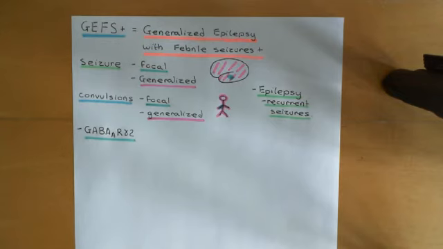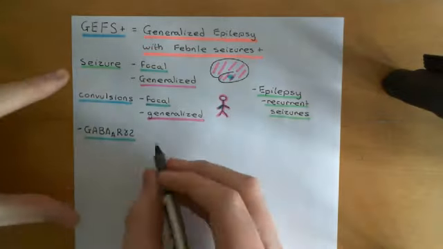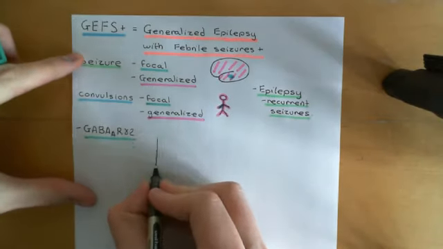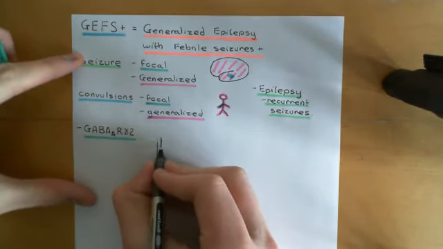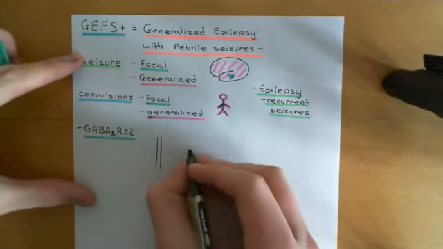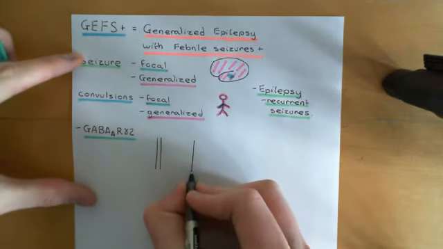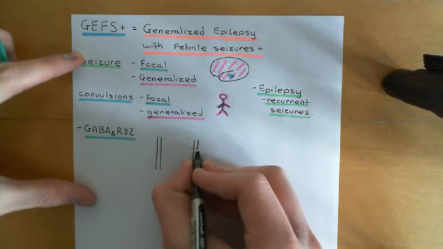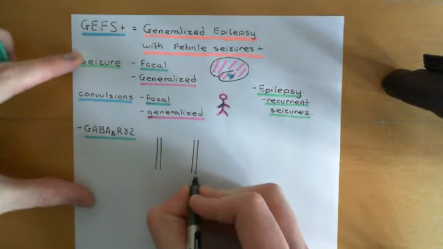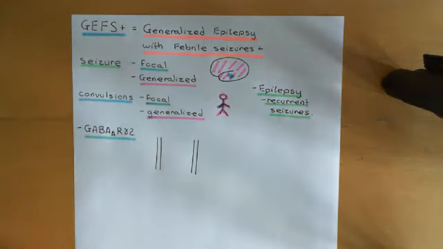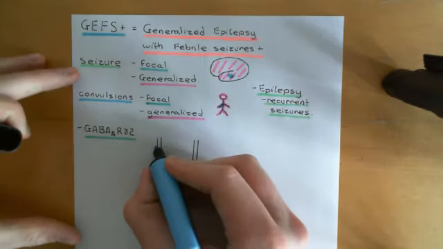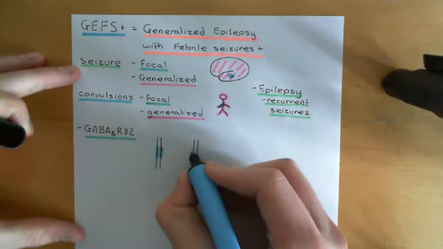The gene for GABA A receptor gamma 2 is on an autosome. I don't know the exact number of the chromosome, but it's an autosome. What that means is that you have two copies of the gene, a maternal copy and a paternal copy. If I draw this, let's say this is one of your homologous chromosomes with a GABA A receptor gamma 2 gene on it, and here's the other homologous chromosome. We'll highlight the genes for this protein.